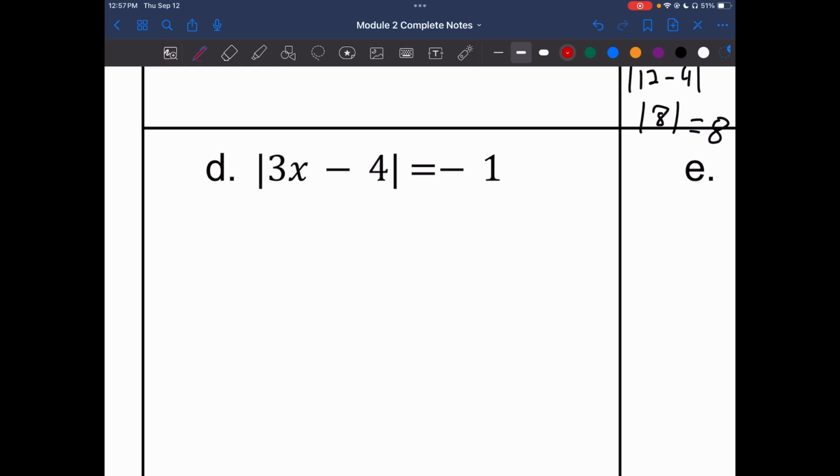Can we have an absolute value that is a negative number? The answer is absolutely not. So a problem like this, and the key here is that our absolute value is isolated, okay? There is nothing else happening on the left side of that equation. So your absolute value is isolated. It's equal to a negative number, so there is no solution.